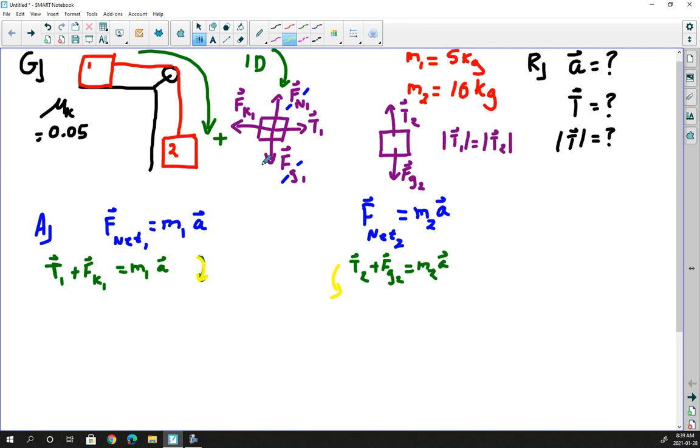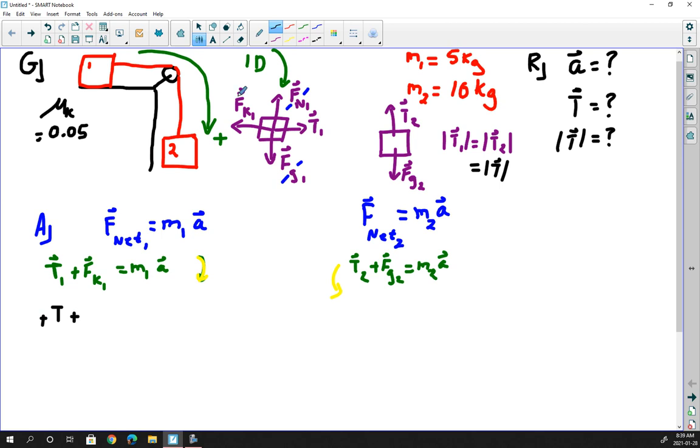I find it very convenient to do it that way. So if you take a look at tension 1, we know its magnitude is T for tension. It's in the positive direction, because it's pulling with the flow. So it'll be positive tension.